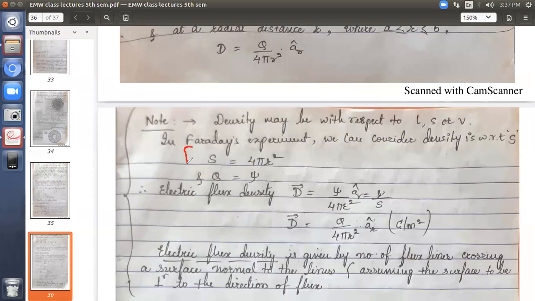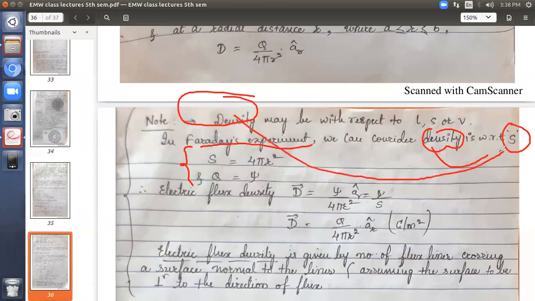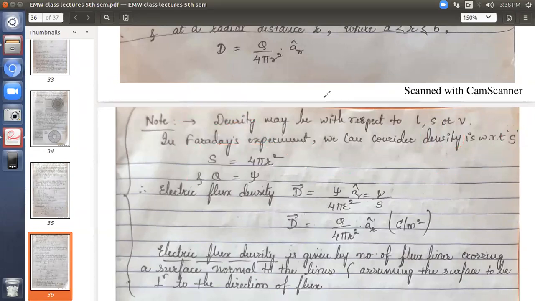And there were two observations according to Faraday's experiment. We consider the density with respect to a certain surface area, because we are using spheres and surfaces matter a lot for us. So for density calculation, let us consider out of three quantities, we are interested in S. As we are using spheres, the surface area S is 4 pi R square.